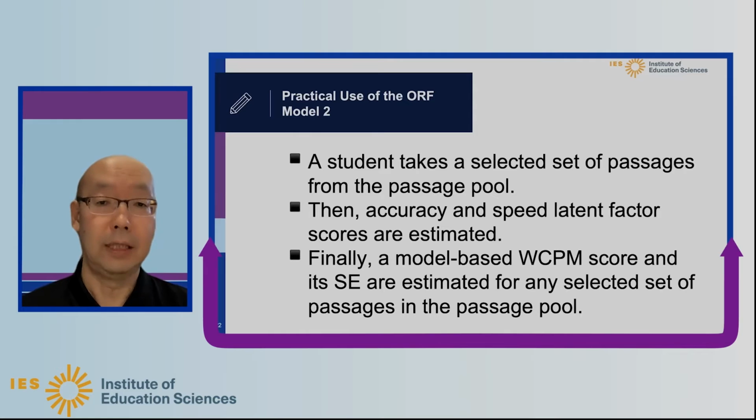Next, a student takes a selected set of passages from the passage pool. Then accuracy and latent speed factor scores are estimated. Finally, a model-based WCPM score and its standard error are estimated for any selected set of passages in the passage pool.